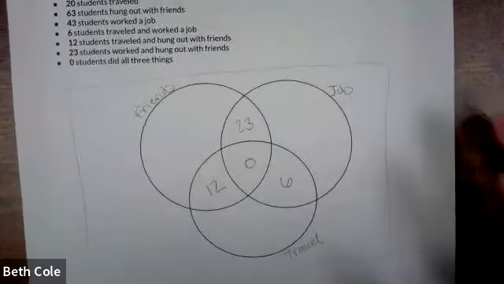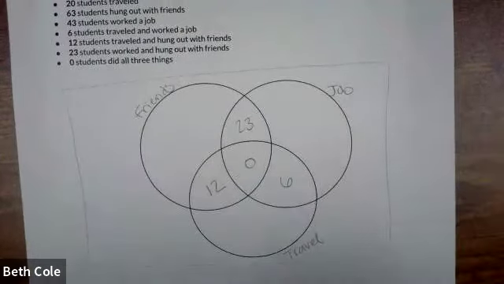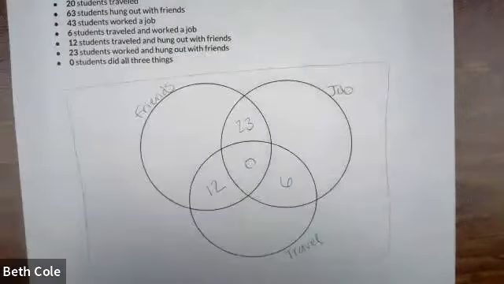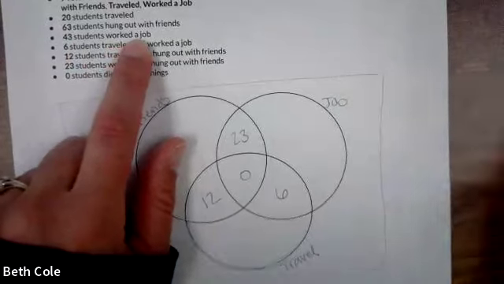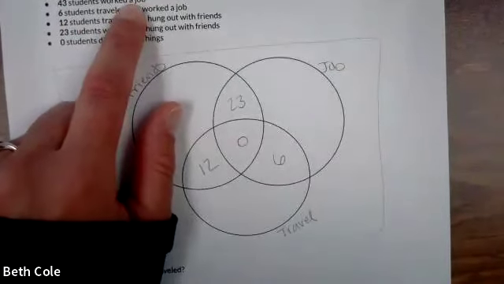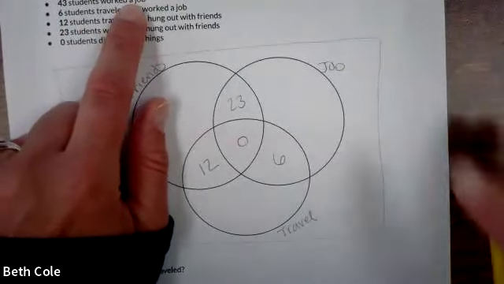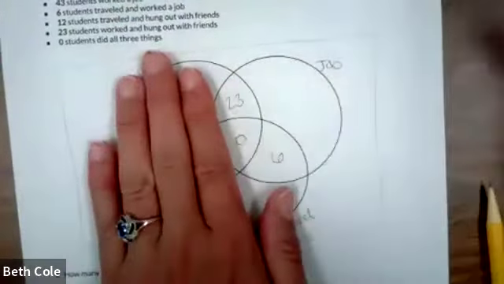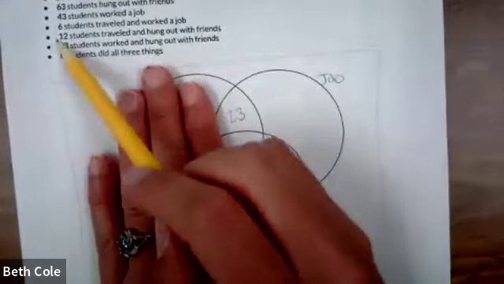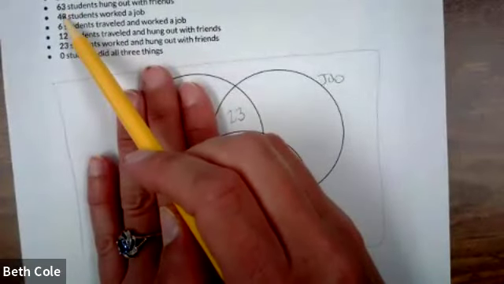Okay, now I may need to do some subtracting here. I've got my calculator up in case I need to type anything in real quick. It says 43 students worked a job. So watch me point to this. Here's the circle for job. I want everything in there to add up to 43. Do you see that there?